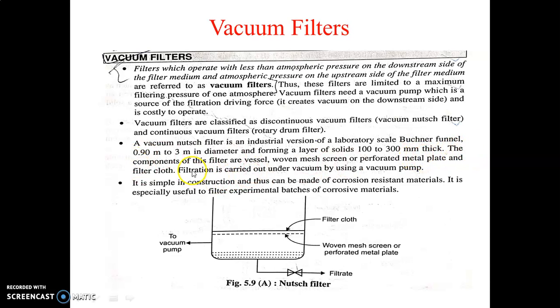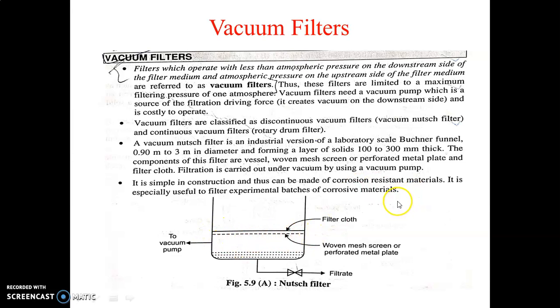And what are the components of the filter? That means what are the parts of this nutsche filter? The vessel, so this is called a vessel. Then a woven mesh screen or perforated metal plate. Here there may be a mesh screen which has openings, or a perforated metal plate, or just a plate which has openings.